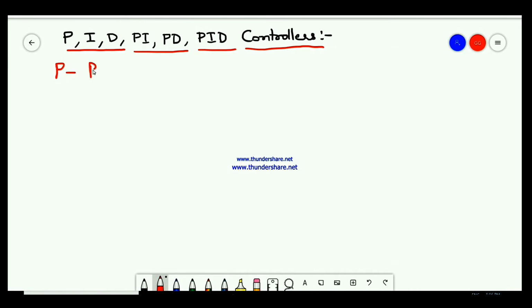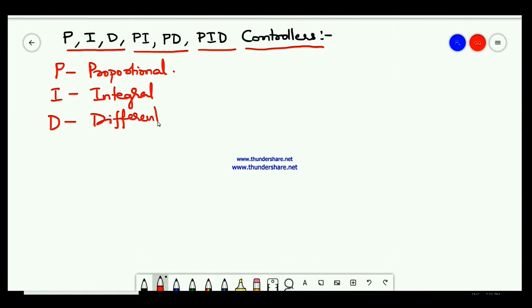P stands for proportional controllers, whereas I stands for integral controllers, whereas D stands for differential controllers.